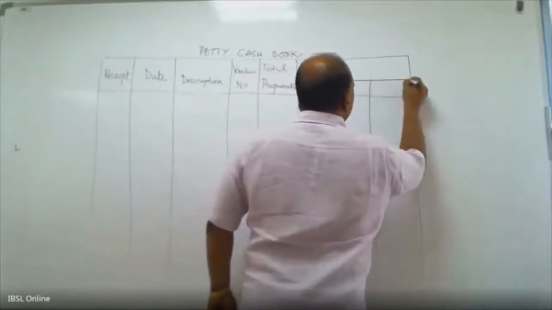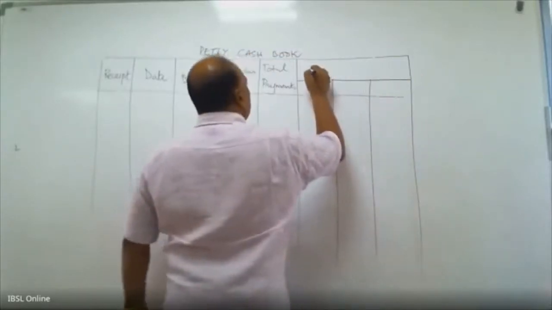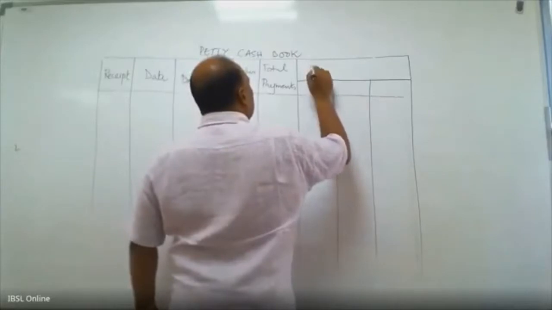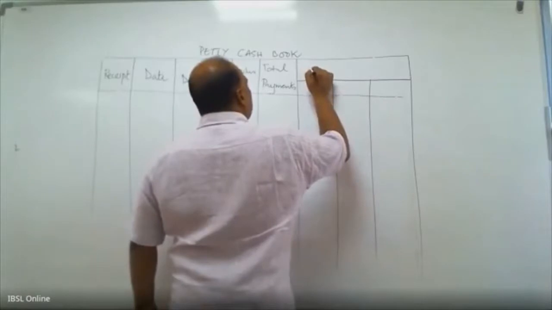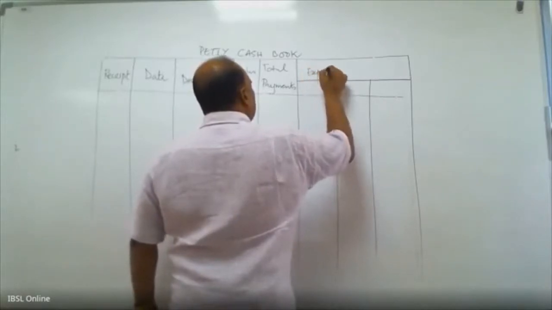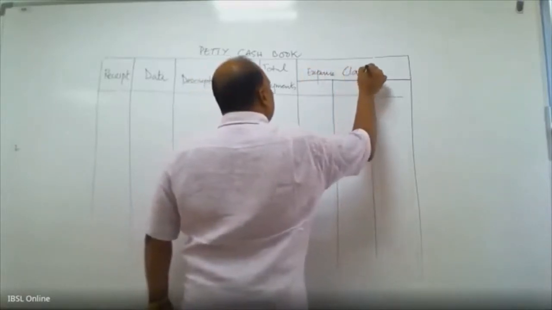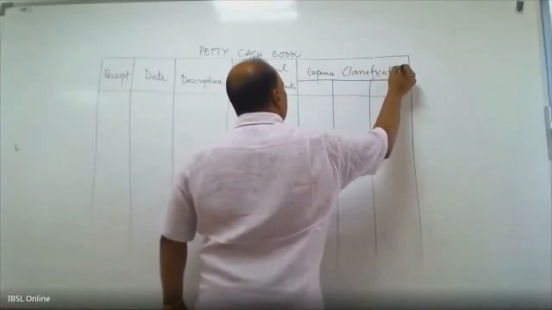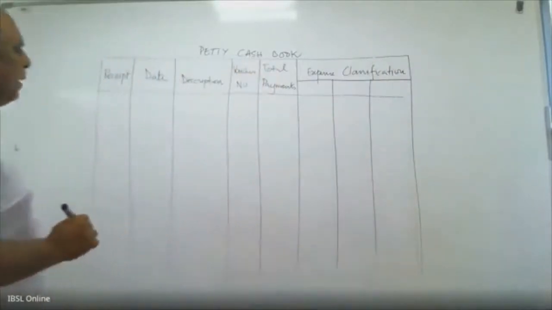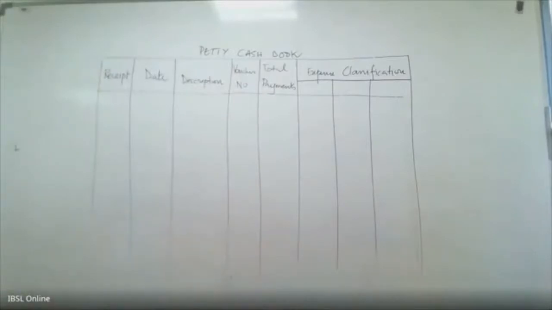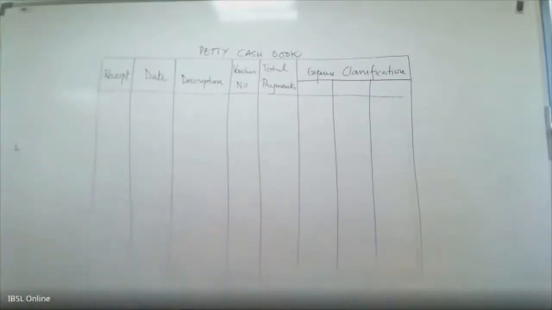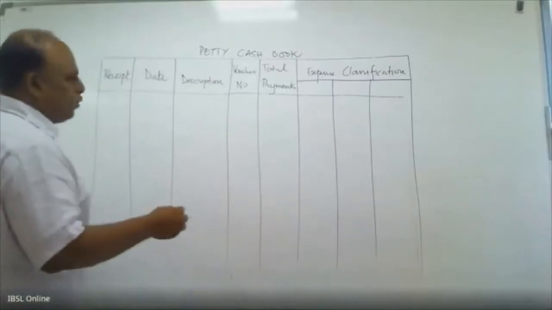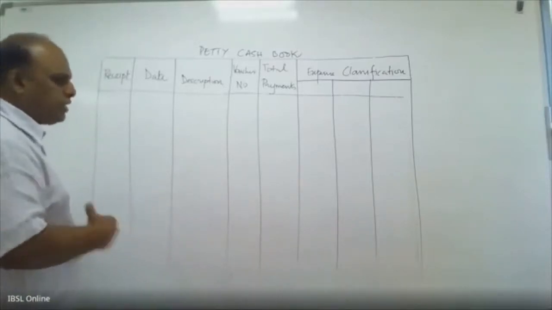That we will call expense classification. Now what happens here is, these petty cash transactions will be very large, in the sense that you might have to pay taxi fare several times.